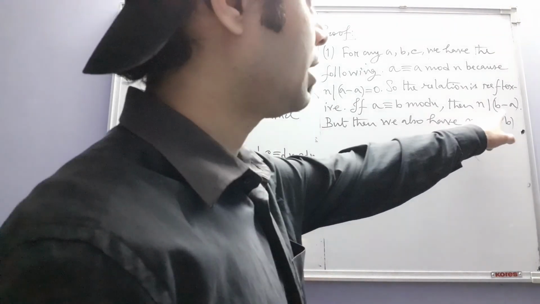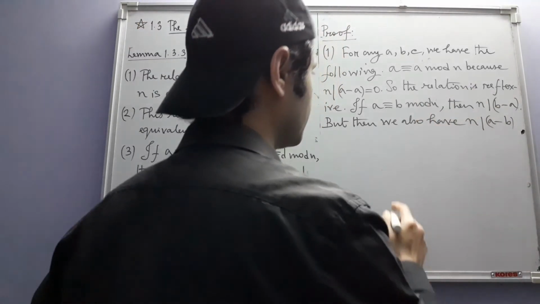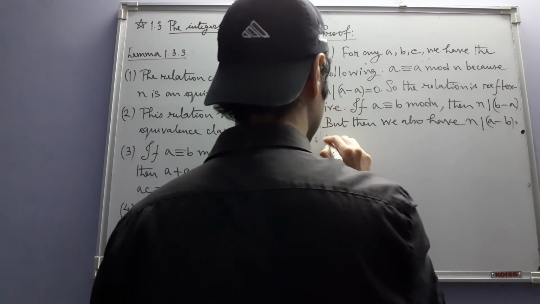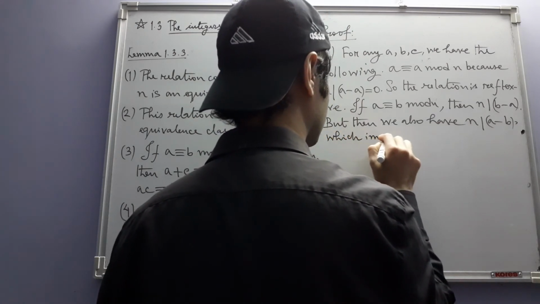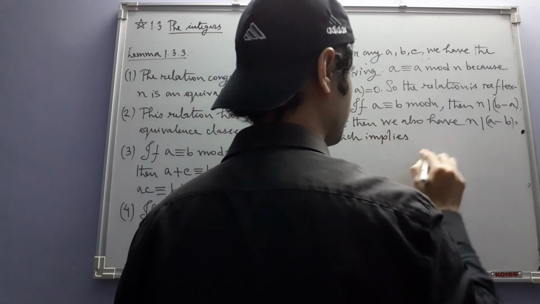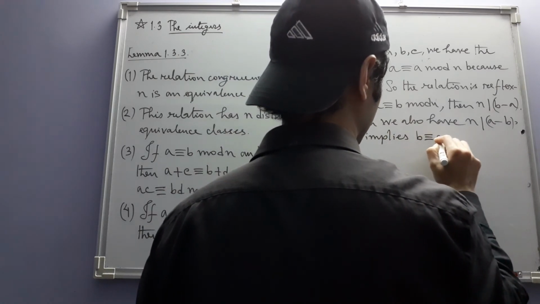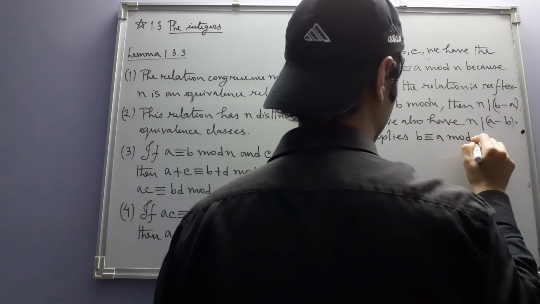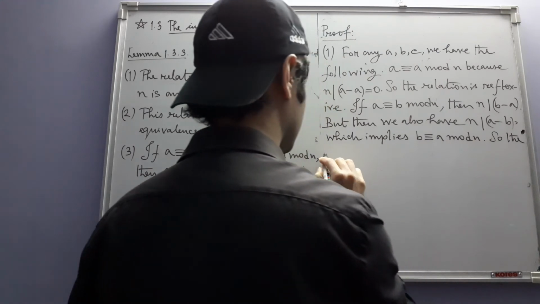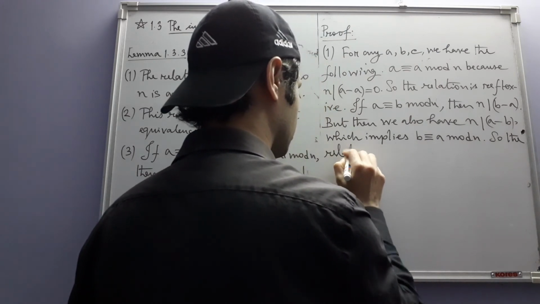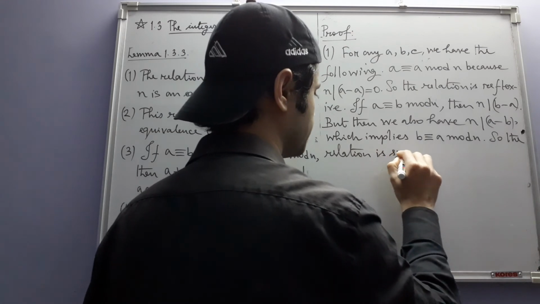So if n divides one, then n also divides its negative, which implies b is congruent to a mod n. So the relation is symmetric.